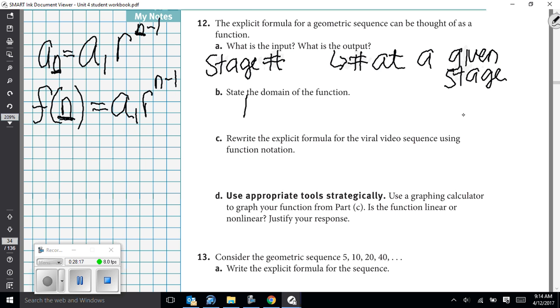But what's another limitation of our domain? Can we have any positive real number greater than 1? Can we have stage 2.5? No. So our stages have to be what? All positive whole numbers, so x is greater than or equal to 1.